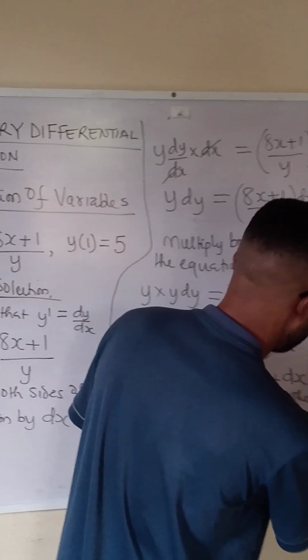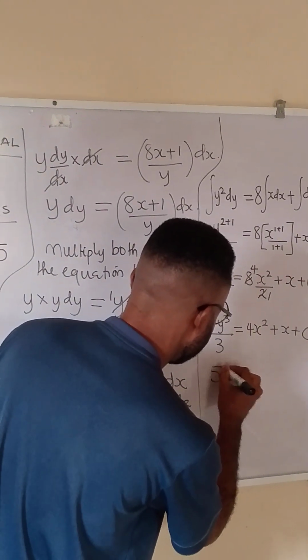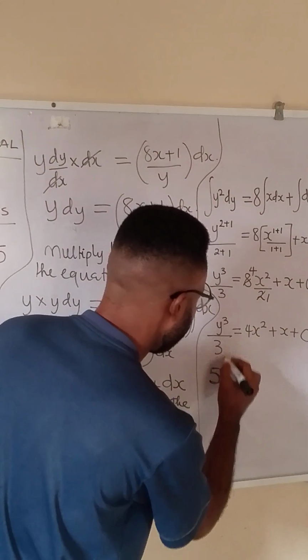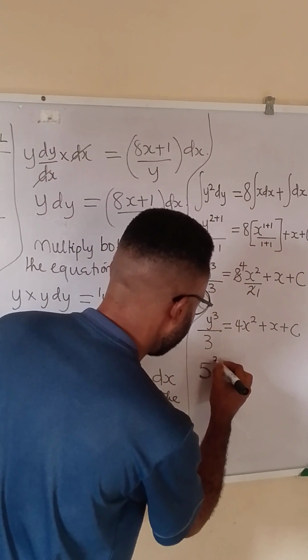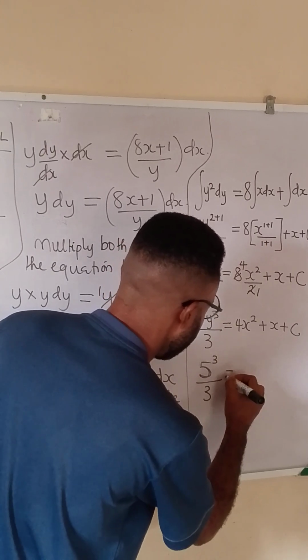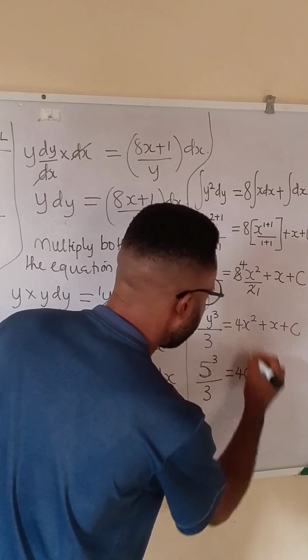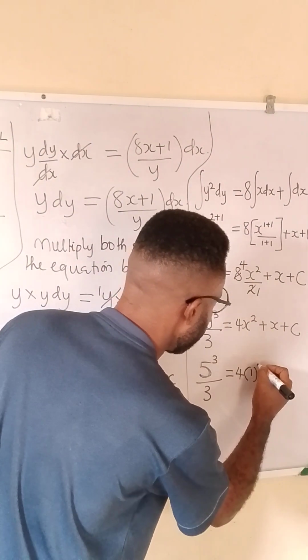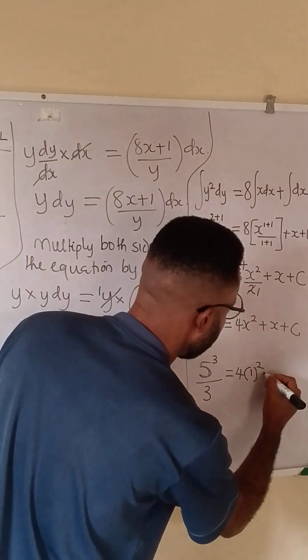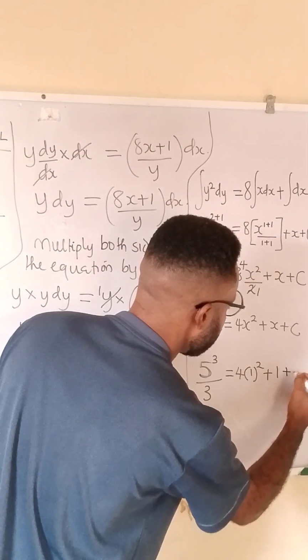And so when we do that, the value of y is 5, and y is raised to power 3, so we raise it to power 3 divided by this 3, equal to 4 into, the value of x is 1, but x is raised to power 2, we raise it to power 2, and then plus x here is 1, plus c.